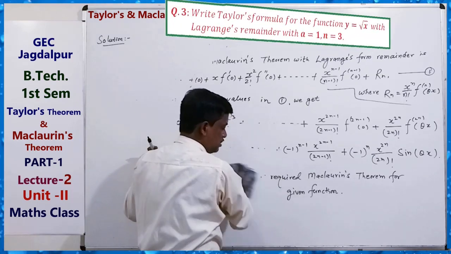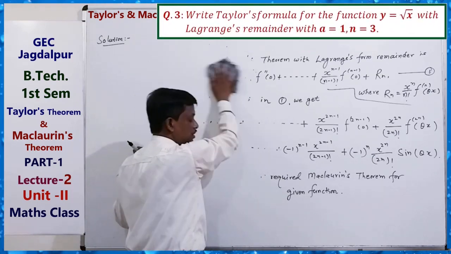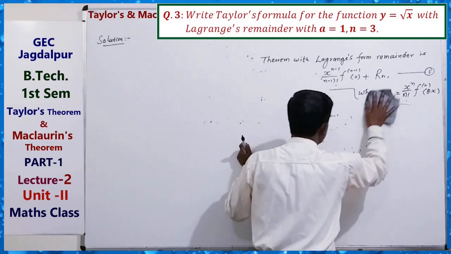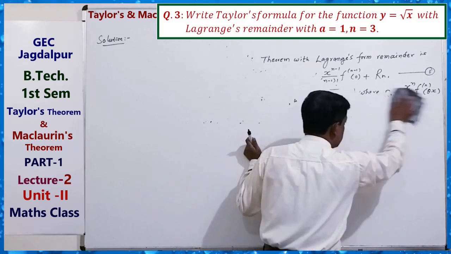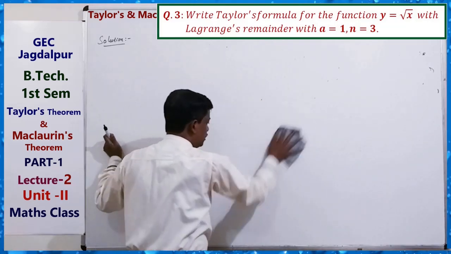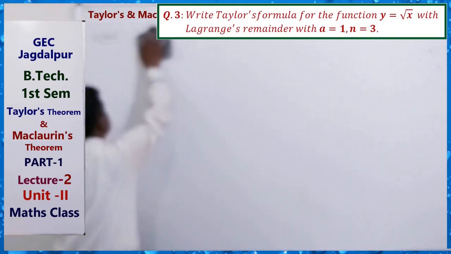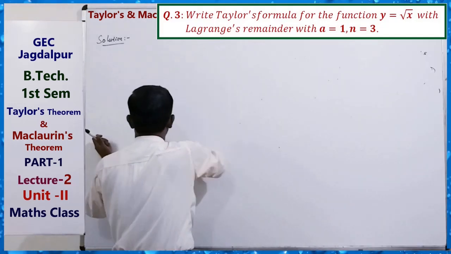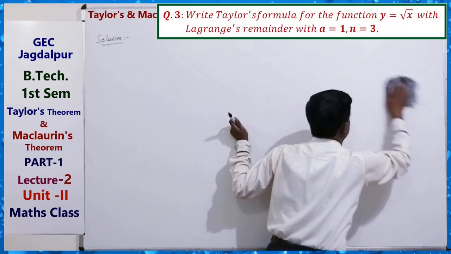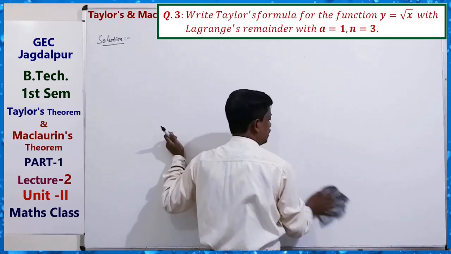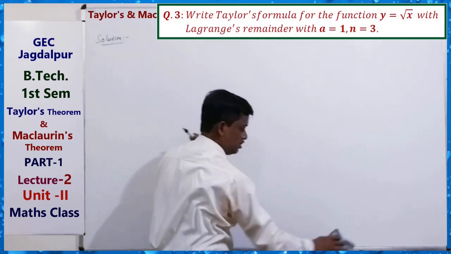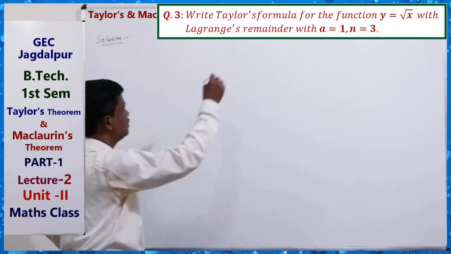Just see the question: write Taylor's formula for the function y equals f(x) equals root x, with Lagrange's remainder with a equals 1 and n equals 3. Taylor's theorem or formula can also be written in remainder form.